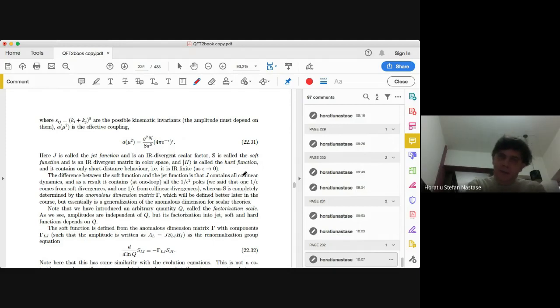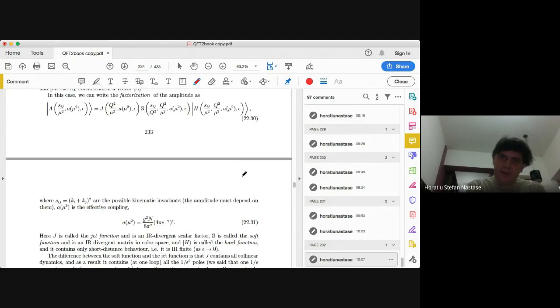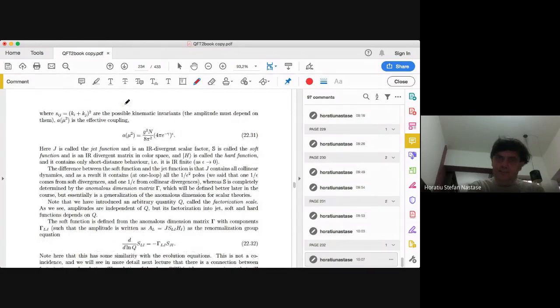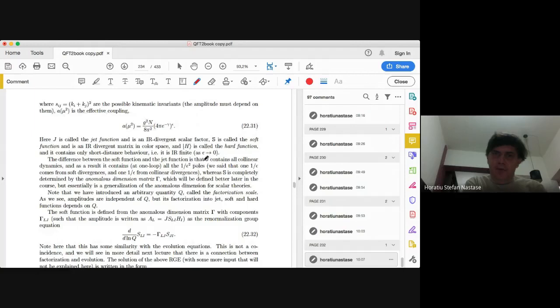So all the collinear divergence goes into this exponential, scalar factor, J. Therefore J contains at one loop 1 over epsilon squared poles, and generically 1 over epsilon to the 2L at L loops.